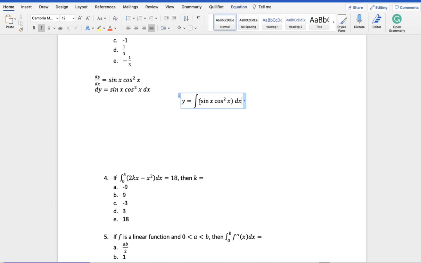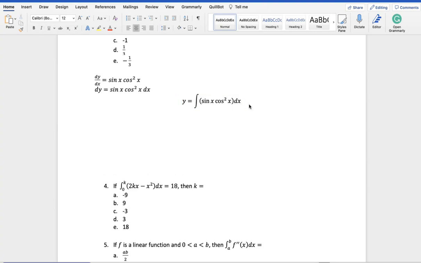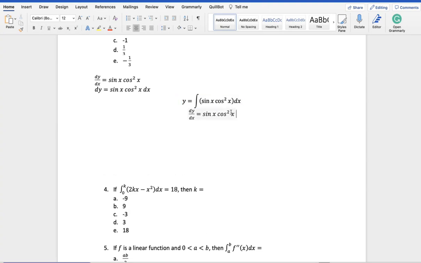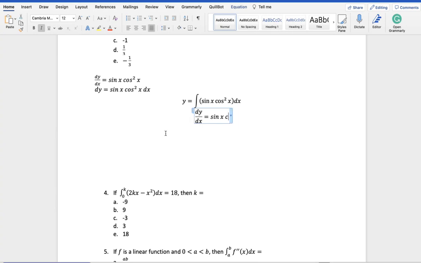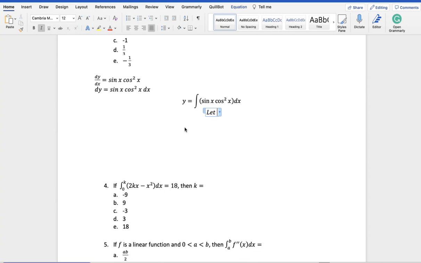Well, we have the integral of sine x cos squared x, right? The way we could solve this is by using u substitution, which you guys are familiar with. So if you use u substitution, one substitution that you can possibly use is to let u be equal to, for example, cos of x, right?